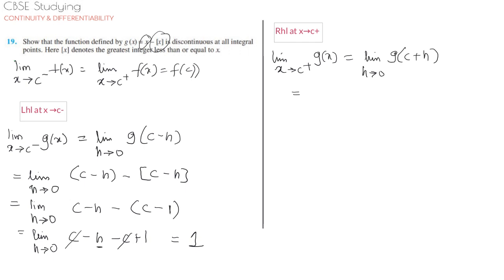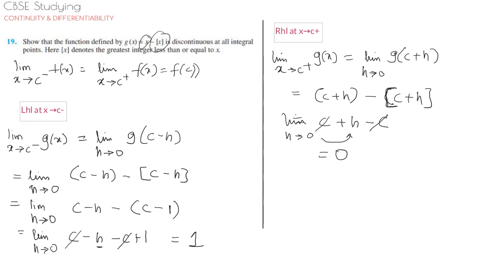Now in the function, we are going to replace it with c plus h minus square bracket c plus h. So square bracket c plus h gets replaced by c. So I'm going to write this as c plus h minus c. Again, c and c get cancelled out. I'm sorry, I forgot to put the limit over here. Limit h tends to 0. When you put the value of h as 0, you get the value as 0.